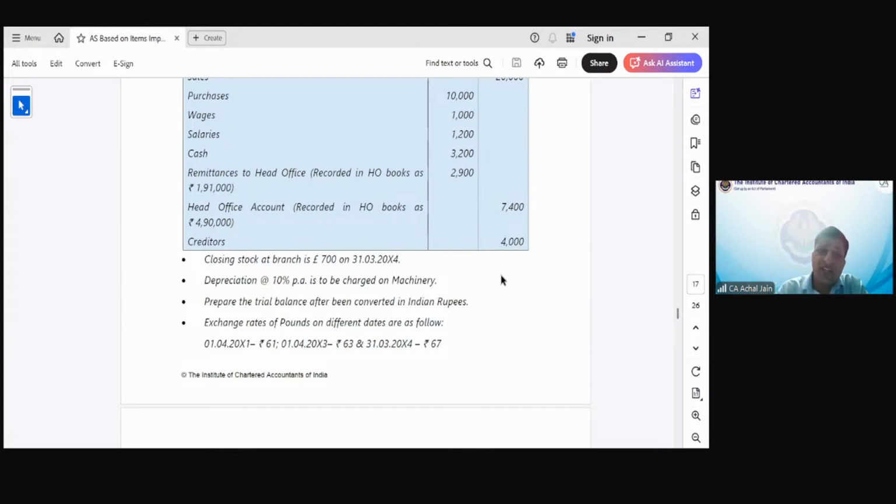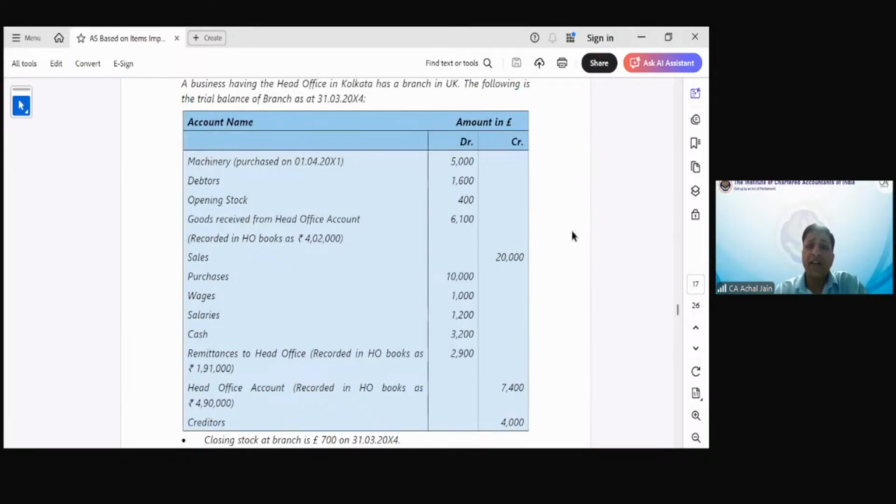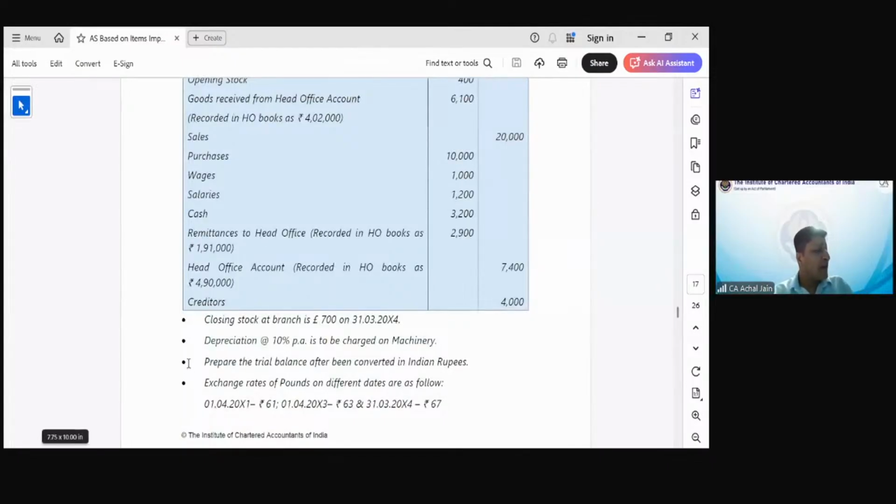Then exchange rates are also given to you from pound to INR, for different rates. So we are looking at financial year X3, X4. You are required to prepare the trial balance of this branch after converting into INR. So that is what is required to be done.